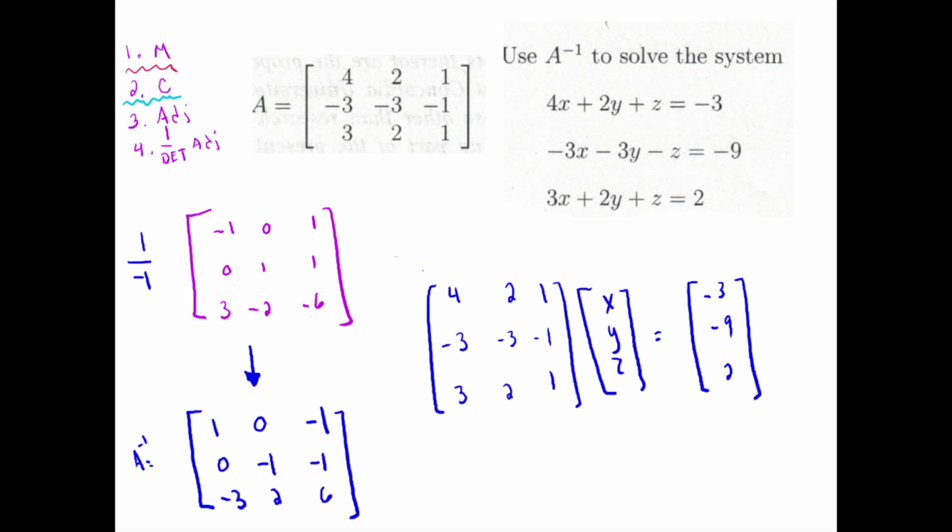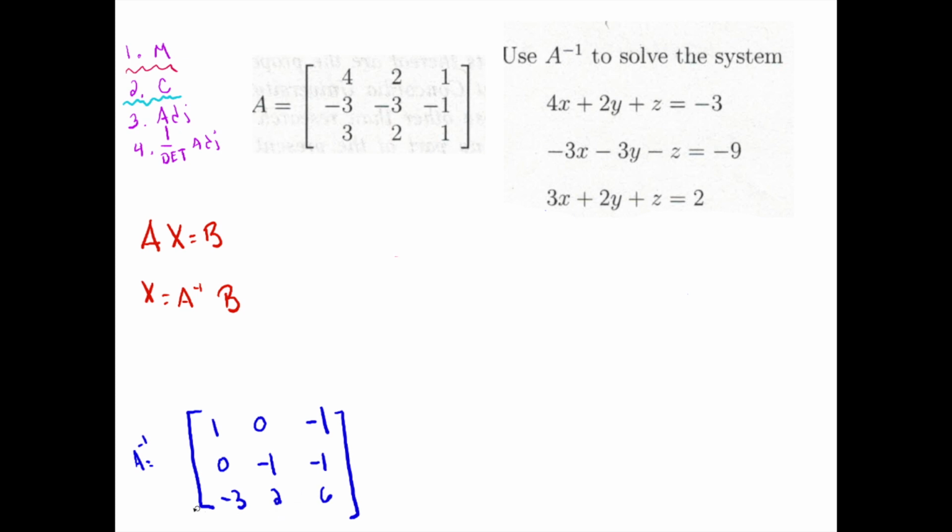So if we were to look at this another way, we actually have AX is equal to B, and we want to figure out what X is. So if we take our A and we do an inverse of that, so we do X is equal to the inverse of A times B. So all we have to do now is take our inverse of A and multiply it by B. But remember, it's a matrix multiplication.